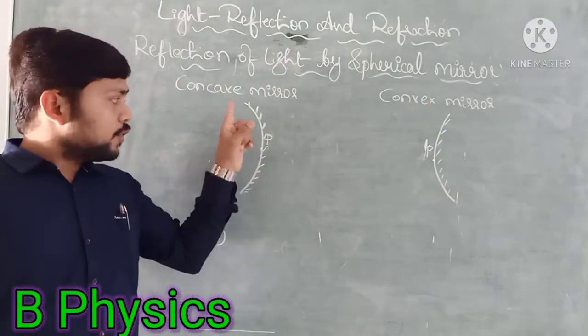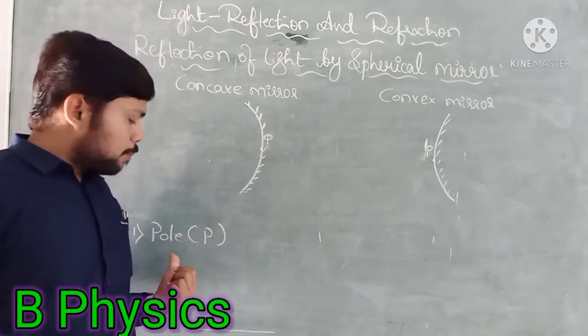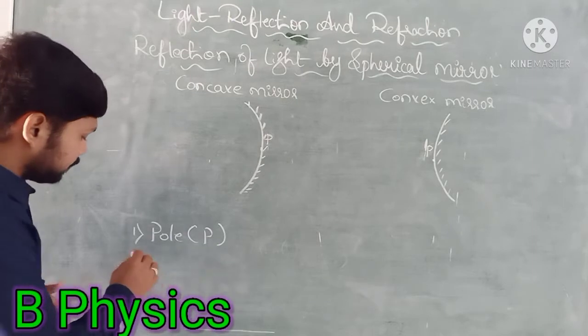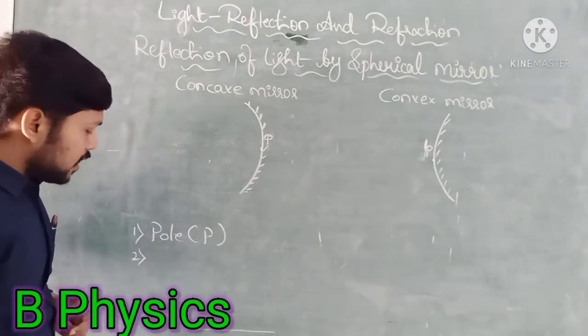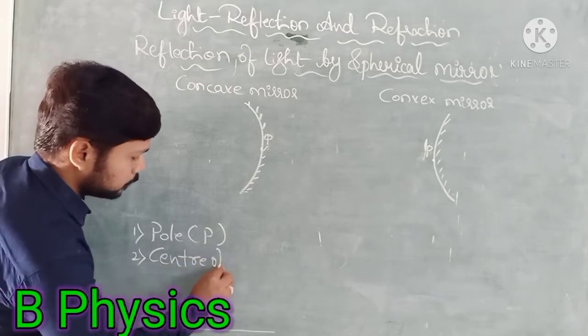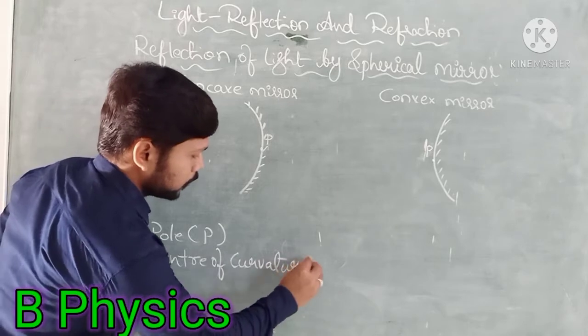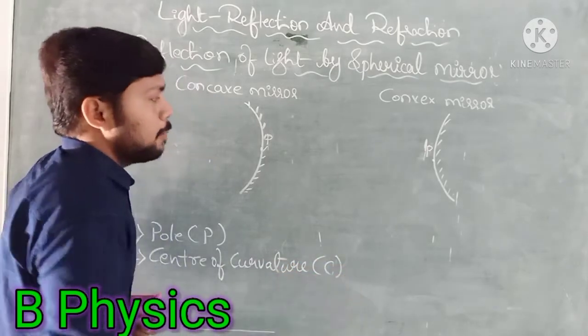The center of the reflecting surface of a spherical mirror is called the pole of the mirror. And the second term is center of curvature. It is represented by capital C.